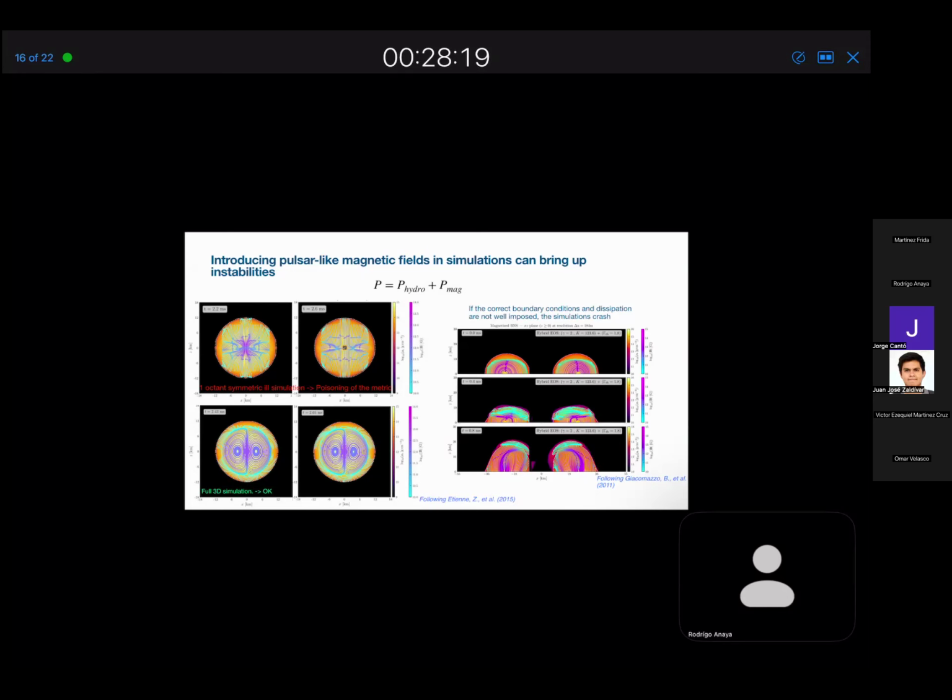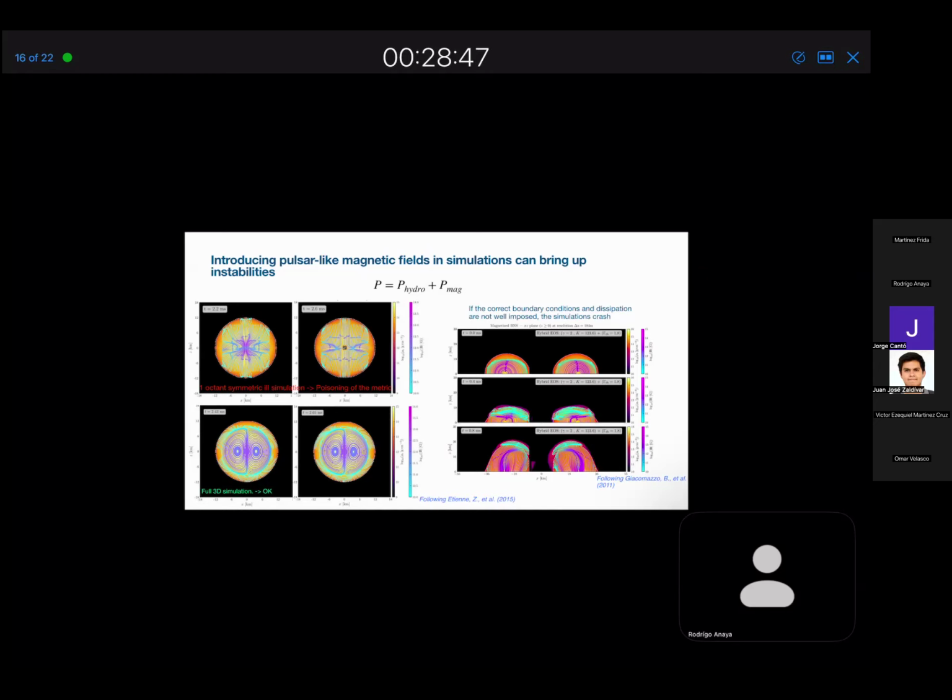Because if we don't do it properly, we can have ill simulations and the so-called poisoning of the metric. When we integrate these equations, the spatial metric of our space-time can start to diverge, but just because of numerical reasons, not because of the seeding of the magnetic field. So we need to make these simulations work properly.